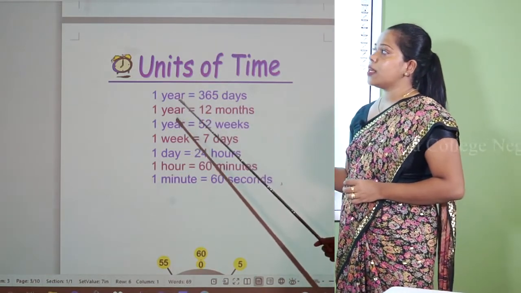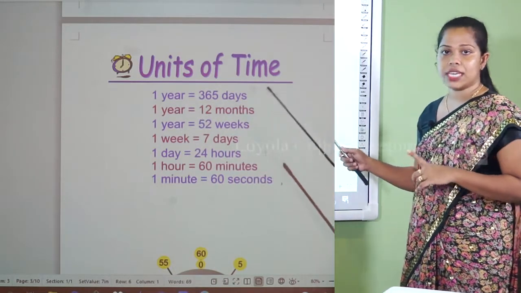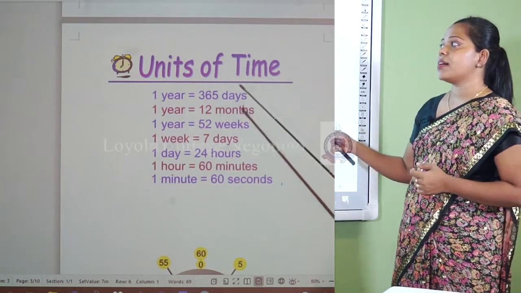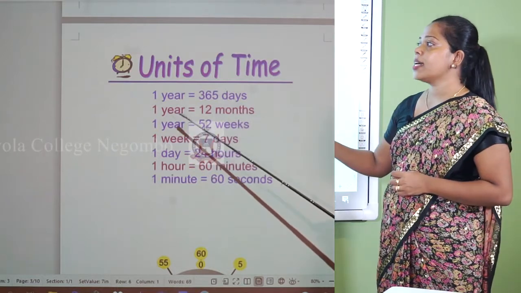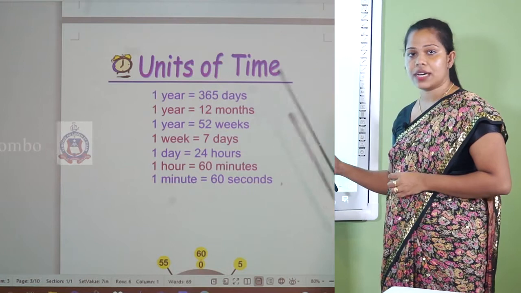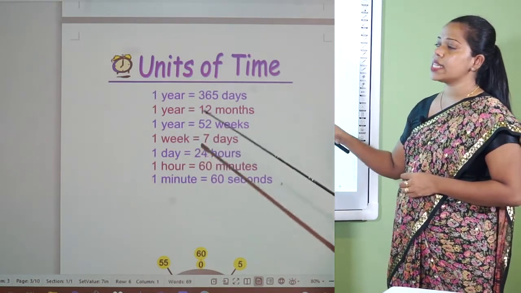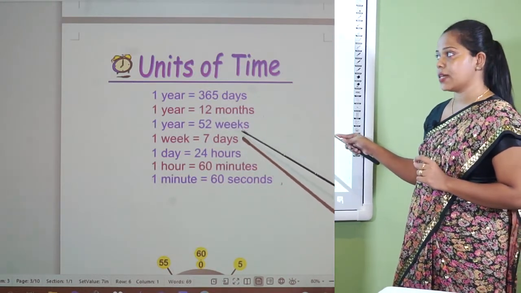Here the first unit, 1 year equals 365 days. But if it is a leap year, there are 366 days. And 1 year has 12 months. You know, from January to December there are 12 months. How many weeks are there in 1 year? That is 52 weeks.